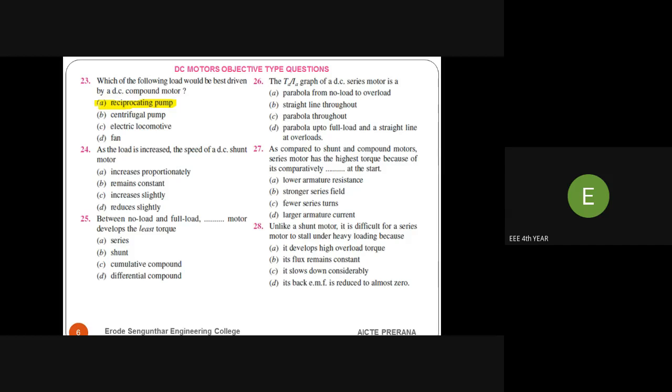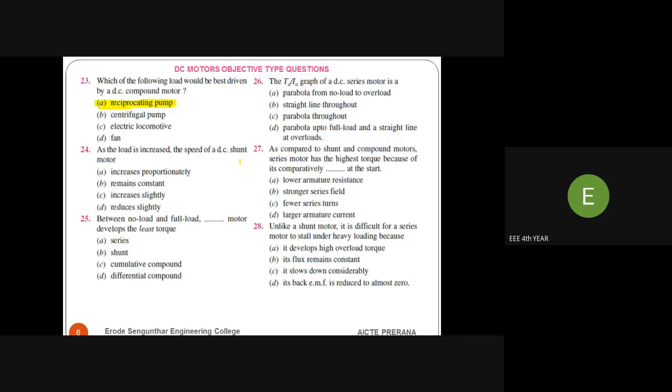Question number 24. As the load is increased, the speed of a DC shunt motor: option A, increases proportionally; remains constant; increases slightly; reduces slightly.